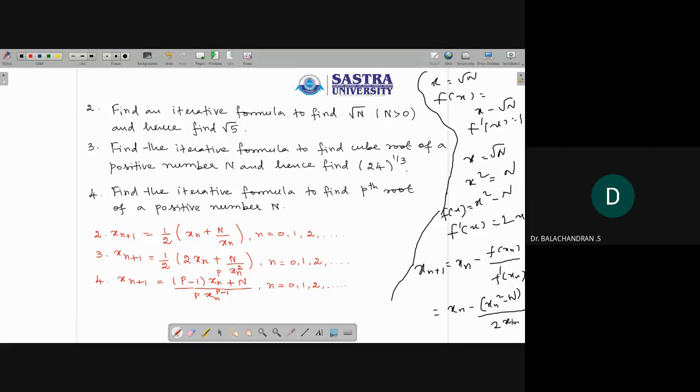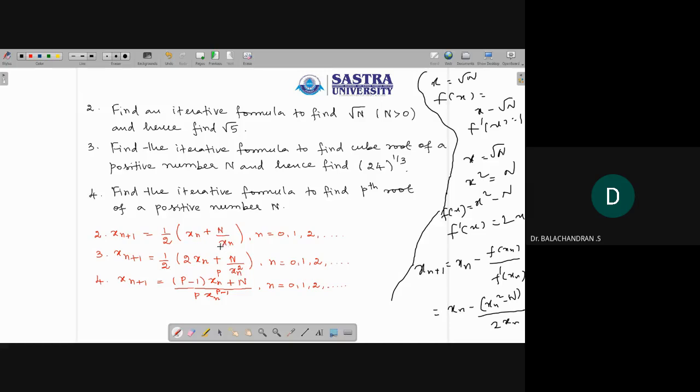Now simplify this one. You will get this answer: xn plus 1 equal to 1 by 2 into xn plus n by xn.